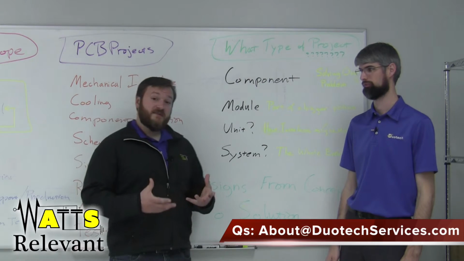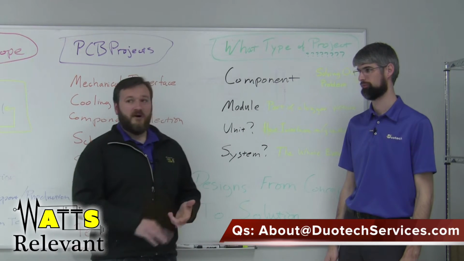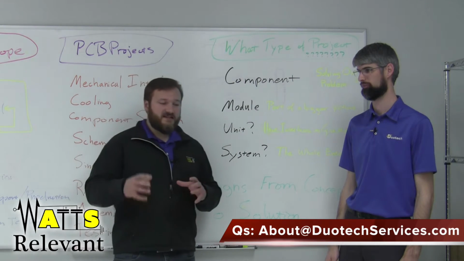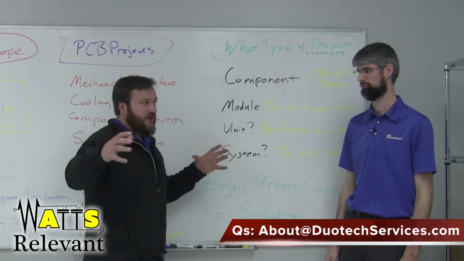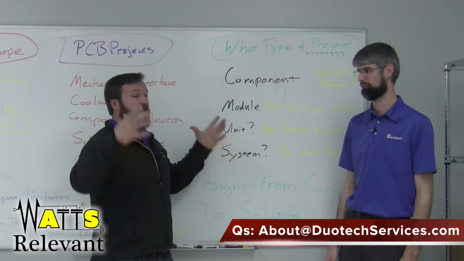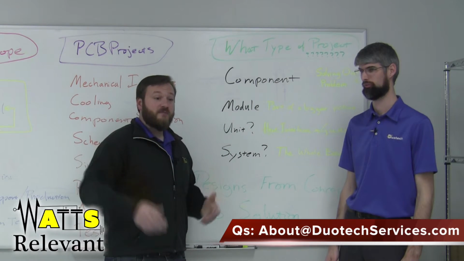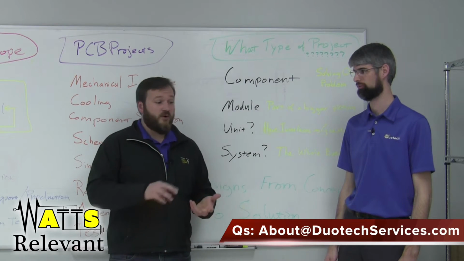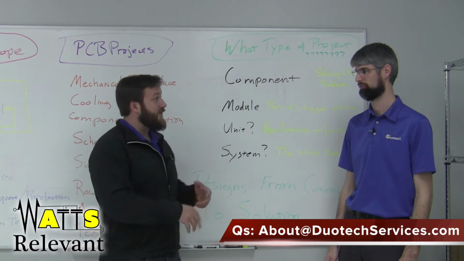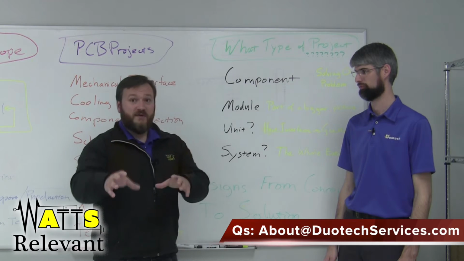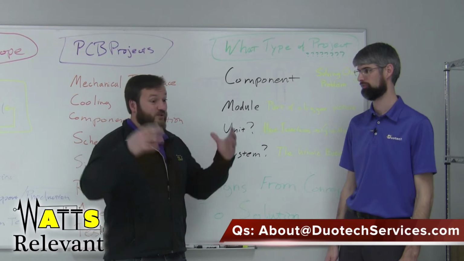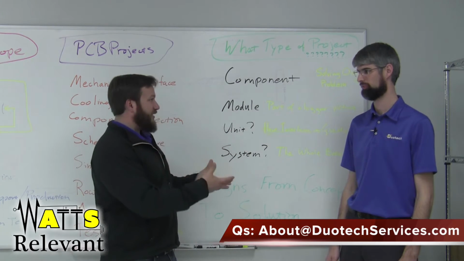We're putting together a system that's not just components or modules or individual units, but a system of different units making a whole that solves a problem, whether it be a complete radar system or a flight control system, where you have a flight control computer, the interface for the pilot, and then the actual outputs to the controls and inputs themselves, right?